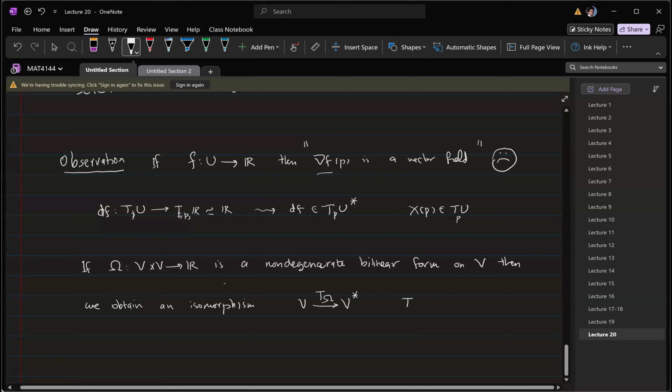And how does that work? So tau omega of V is this linear functional that maps a vector to omega paired with V. So maybe I write it more explicitly. This is the linear functional that maps any W to omega of W, V.